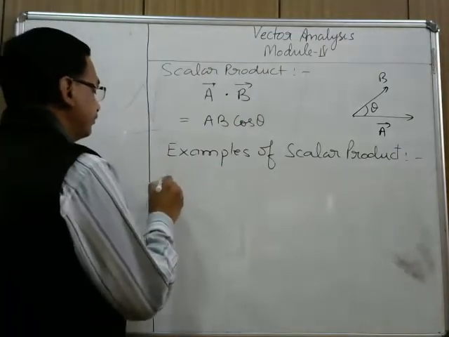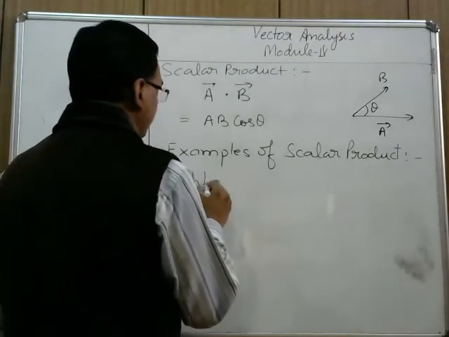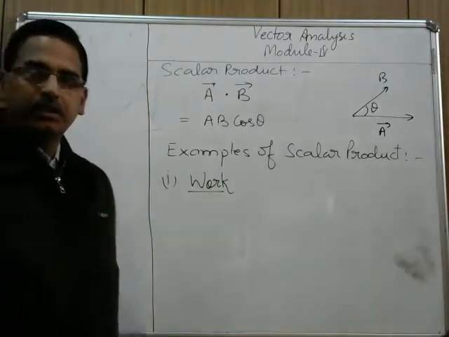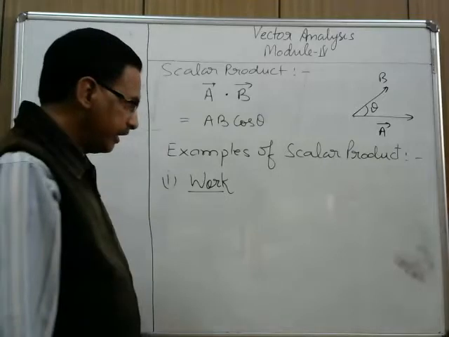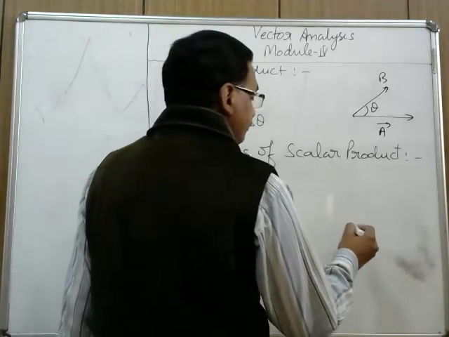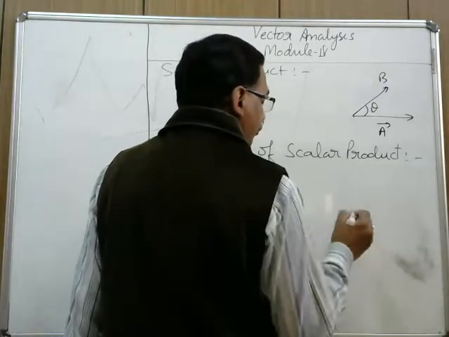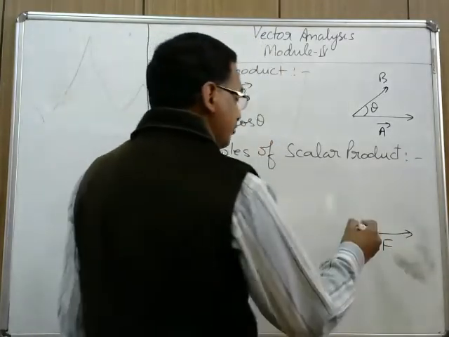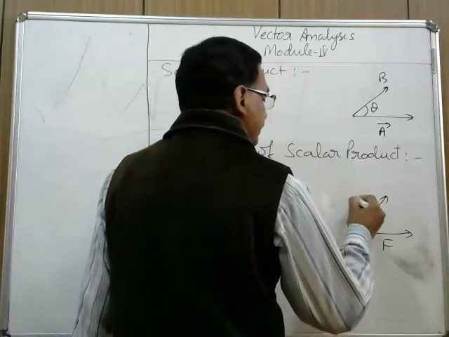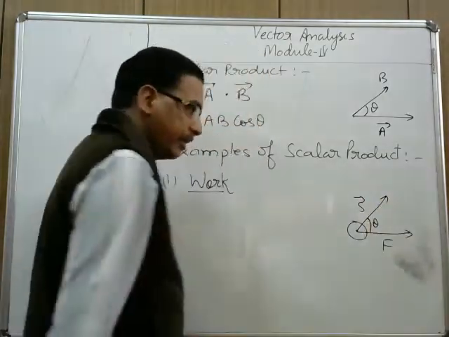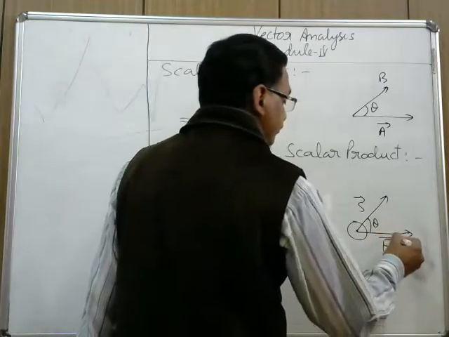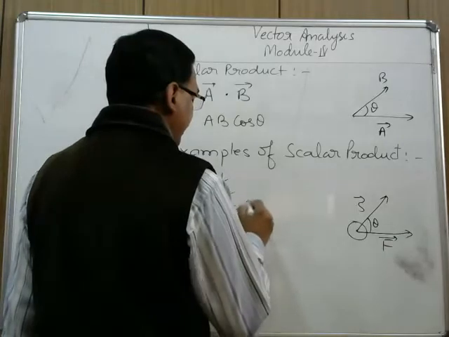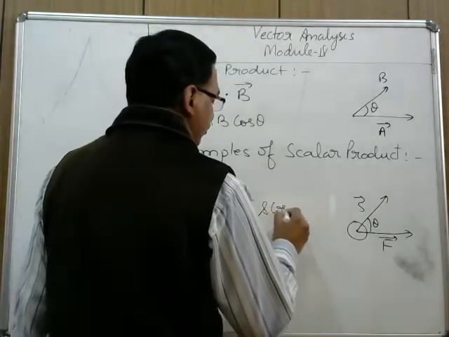First, I will take the example of work. In lower classes, you have been taught that if a force is applied on a body and displacement occurs at an angle theta with the direction of force, then the work done by the force will be given by F s cos theta.